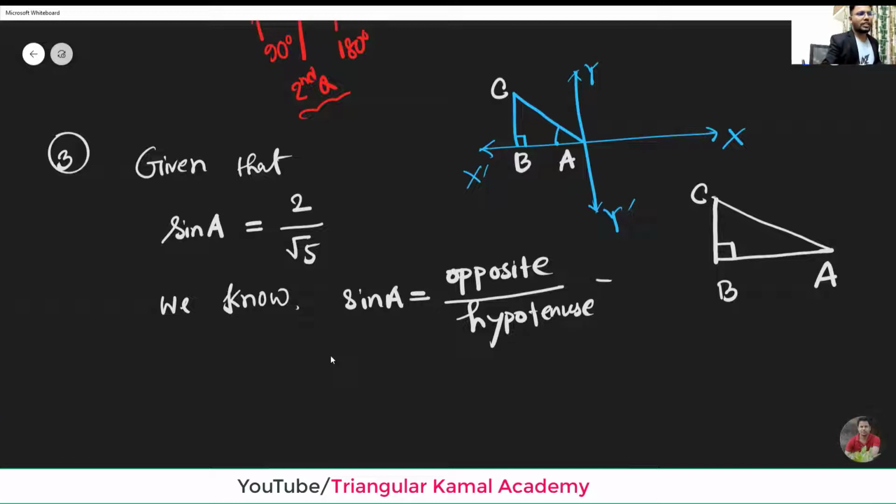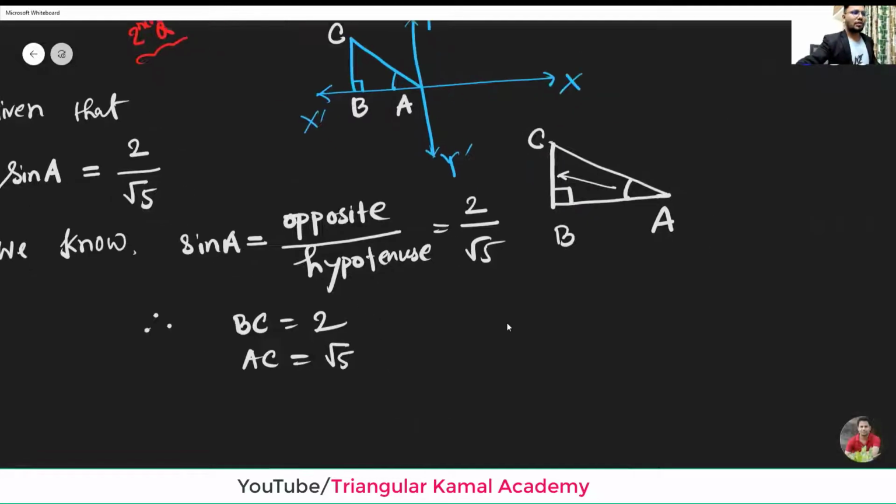So here opposite is 2 root over 5. That means from the figure, if we mention here angle at A, this one will be the opposite of angle A. So the opposite side, that means side BC, is equal to 2, and the hypotenuse, which is opposite of the right angle, which is AC, is equal to root over 5.